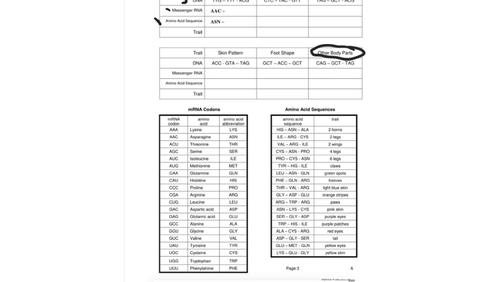The messenger RNA then is going to be: T goes with A, T goes with A, G goes with C. Remember that A goes with U in RNA.